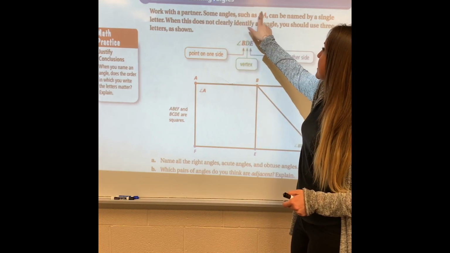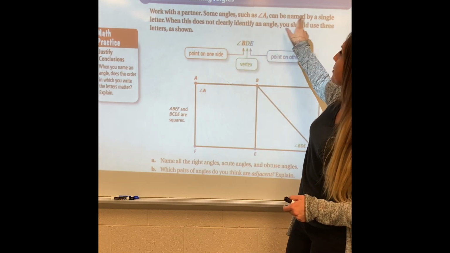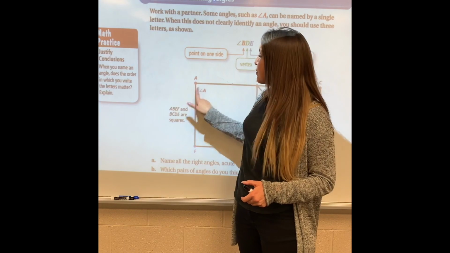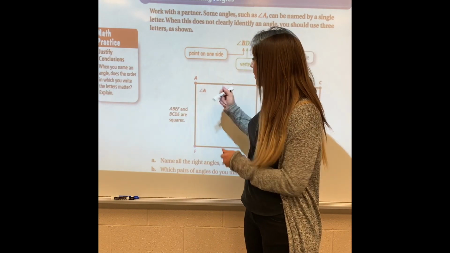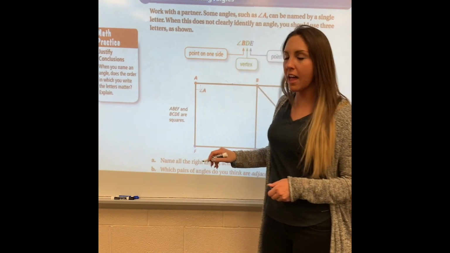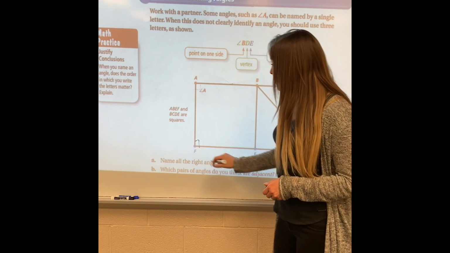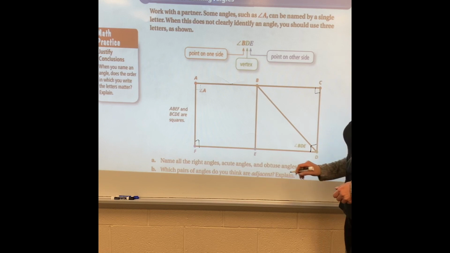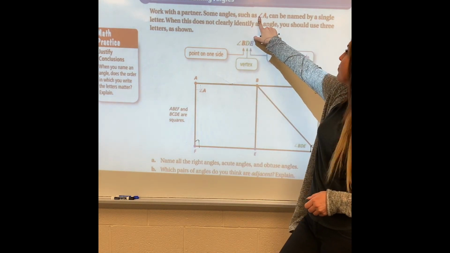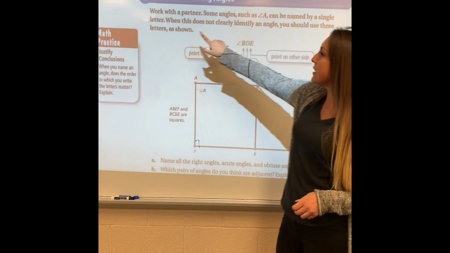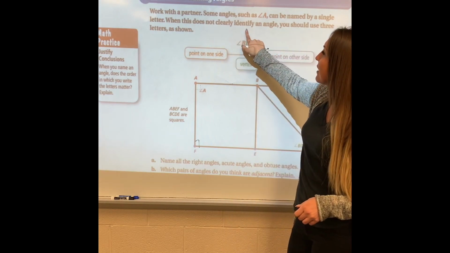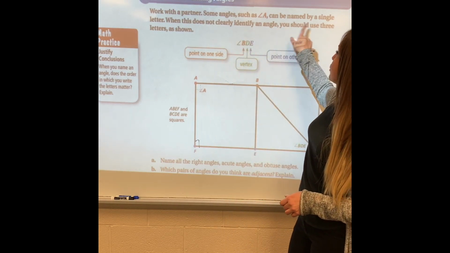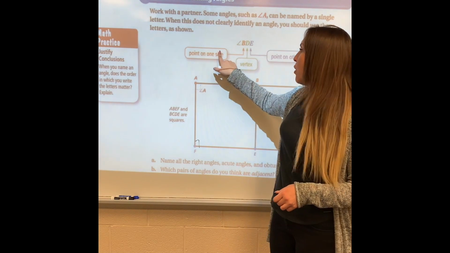Some angles, such as angle A, can be named by a single letter. So this here is angle A. That's a right angle, angle A. I've got angle F, angle C, and angle D. We use that little angle symbol. Can be named by a single letter. When this does not clearly identify the angle, you should use 3 letters as shown.